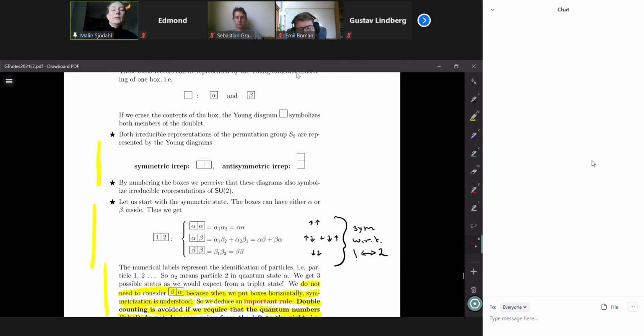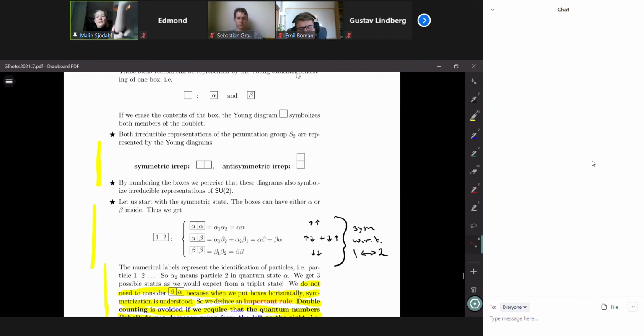And whenever I put boxes horizontally, this means that I should symmetrize in states. Whenever I put boxes vertically, that means that I should anti-symmetrize in states. And states with different symmetries will be orthogonal, loosely speaking. So this is why this is useful.